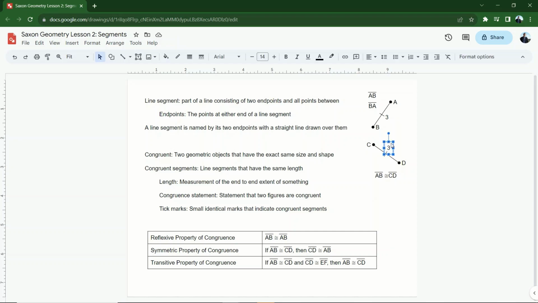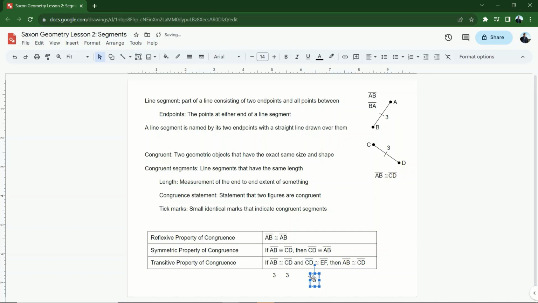That means that if AB has a length of 3, right? And let's say that CD also has a length of 3. Because they have to, in order to be congruent, they'd have to have the same length. So CD has a length of 3 still. And then another segment is congruent to CD.